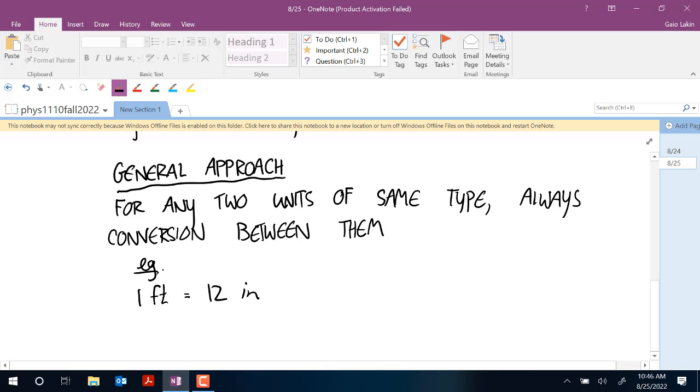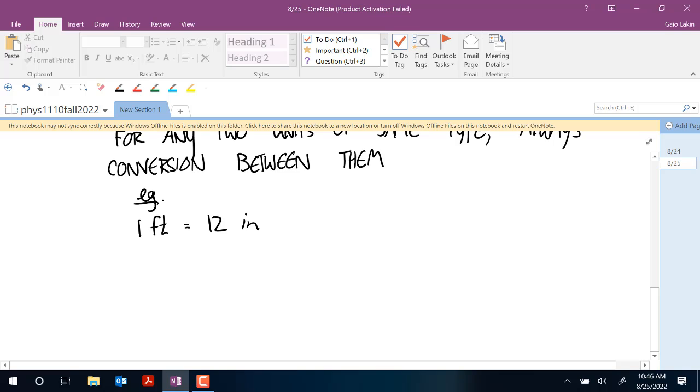And because those are equal to each other, the way you can think of this is in terms of conversion factors. So 1 foot divided by 12 inches, you know, if you divide something by itself, you get 1. So 1 foot over 12 inches is equal to 1.